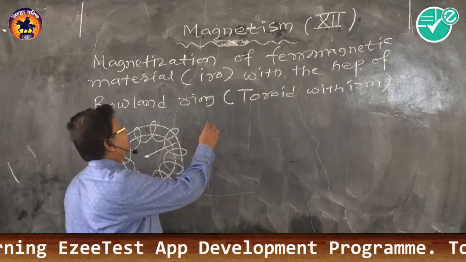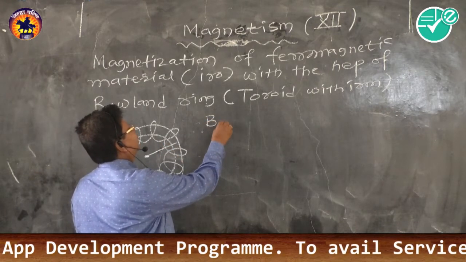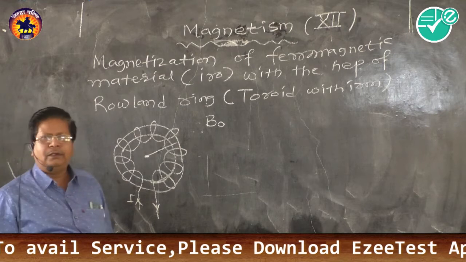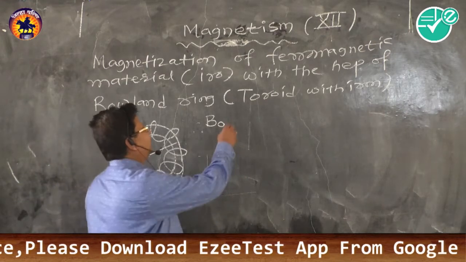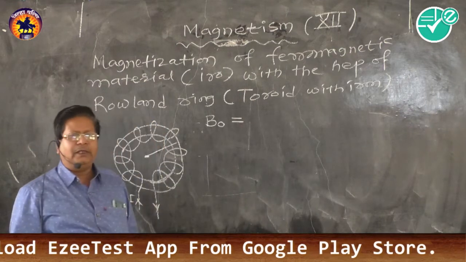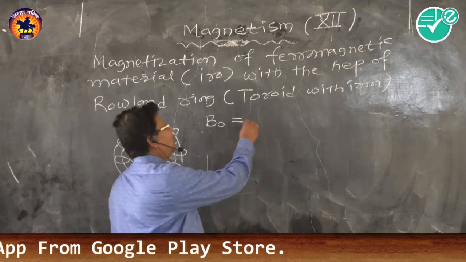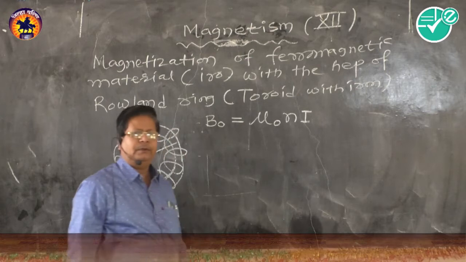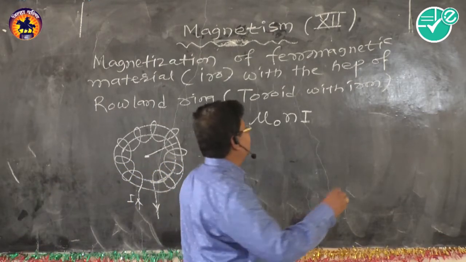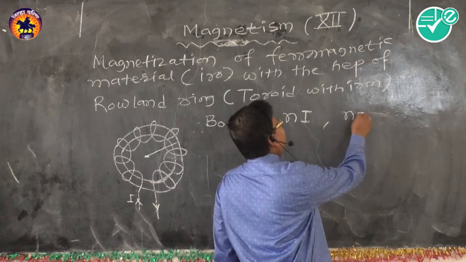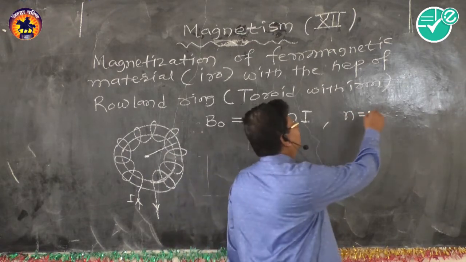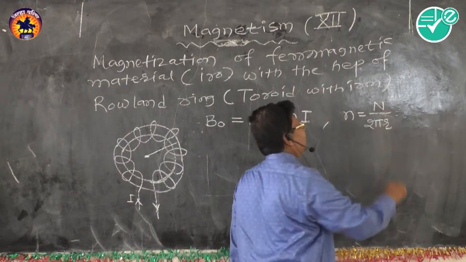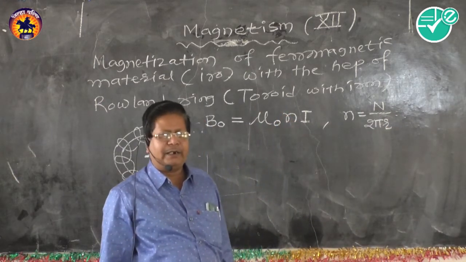So in this case the magnetic induction along the axis of a toroid with vacuum or in the absence of iron core is given by B0 is equal to mu0 into small n into I, where in case of toroid the small n is equal to number of turns divided by circumference of the coil, that is capital N divided by 2 pi r.